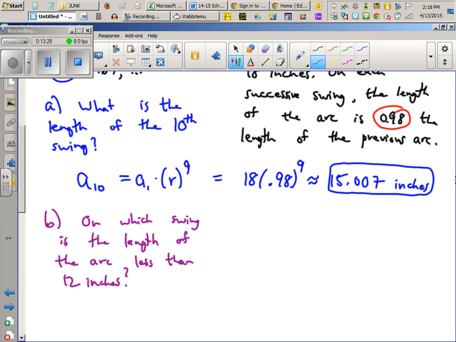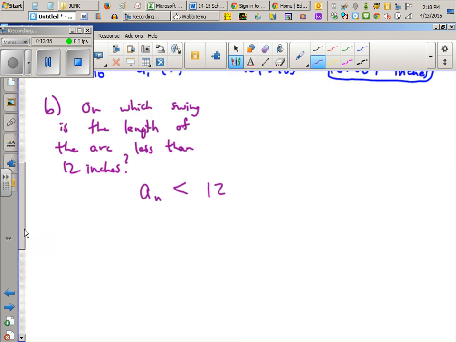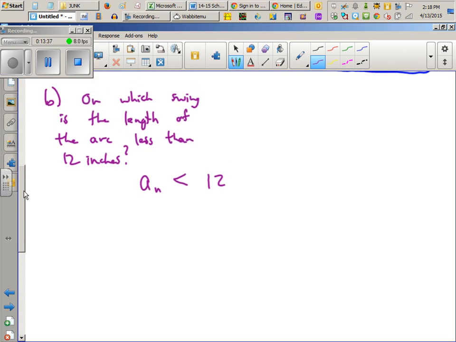It's the first sequence term that is less than 12. So we know that we're seeking a term in the sequence that is less than 12. Now we don't know what n is, so we're just going to do our best and write 18 times 0.98 to the n minus 1. Our goal is to find which n makes this true. Now you can kind of hunt and peck on your calculator and try playing around with n. Pick the smallest n that makes this true, but I don't think that's really the best way to do this.